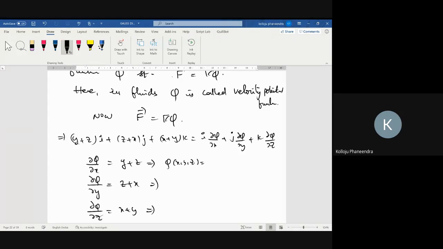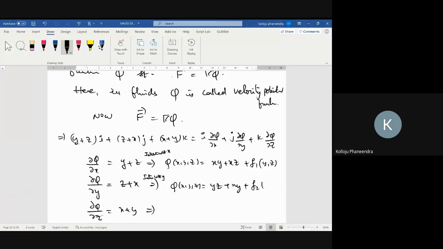From this, integrating with respect to x, phi equals xy plus xz, treating y and z as constants. Here, integrating with respect to y, what am I getting? phi of xyz equal to yz plus xy.